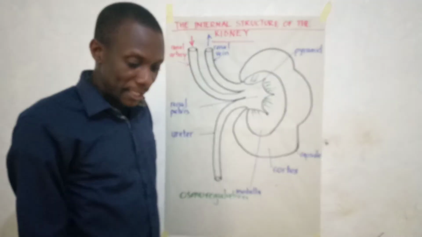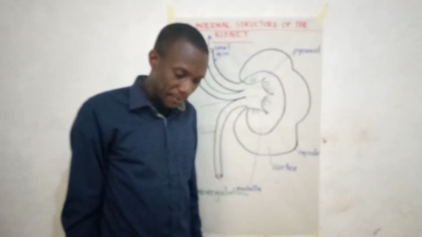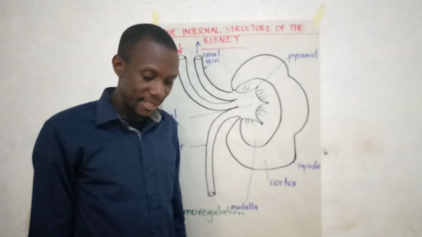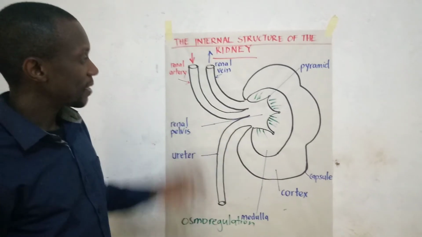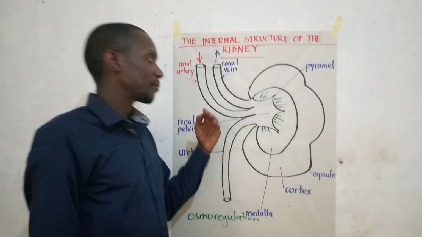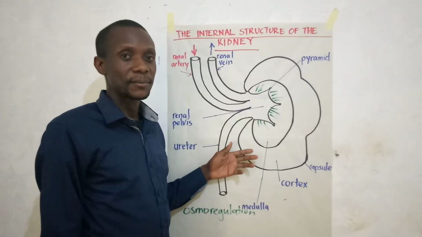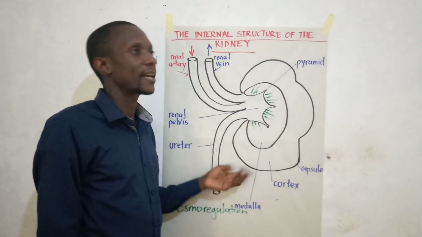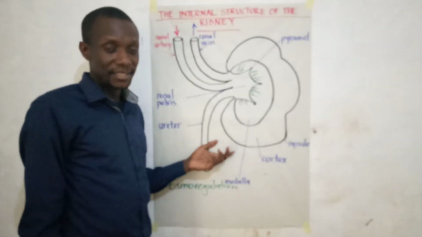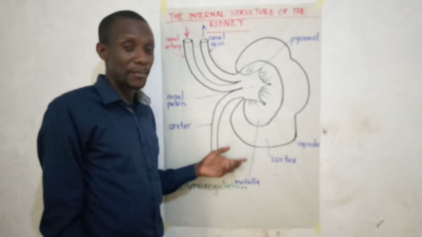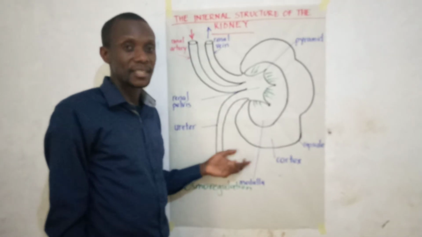Another important thing we need to talk about are the diseases of the kidneys. The first one that I will talk about is cancer of the kidneys, which is also called kidney cancer. Then kidney stones. Kidney stones, you need to look for textbooks and read about the details of those diseases.